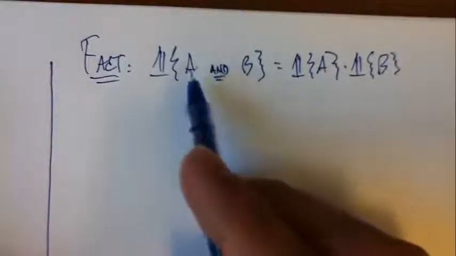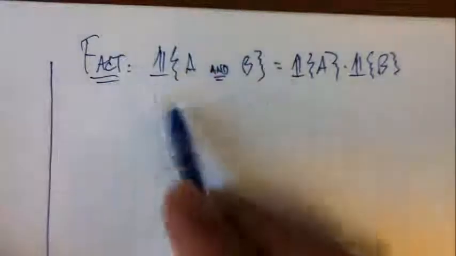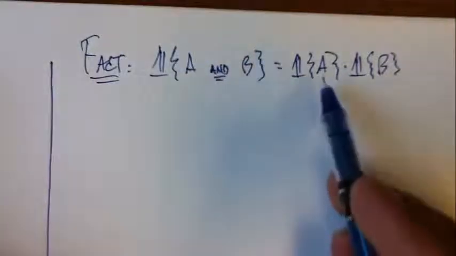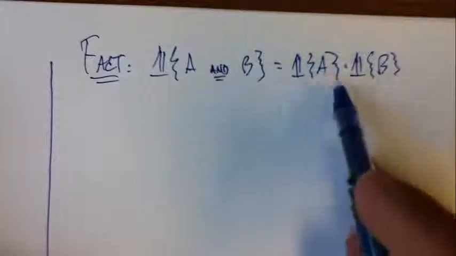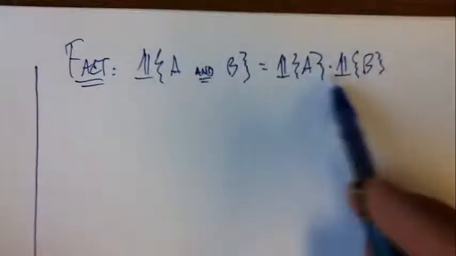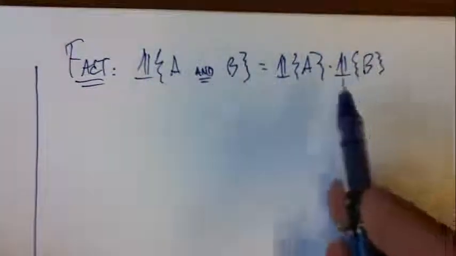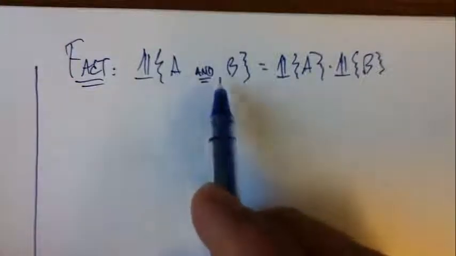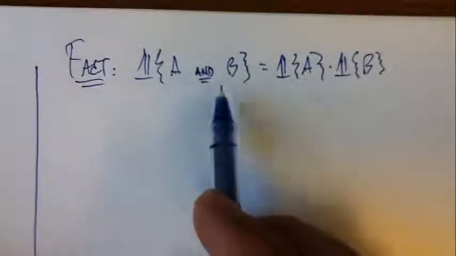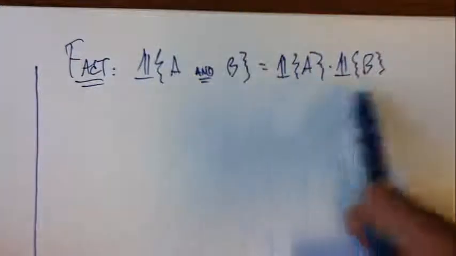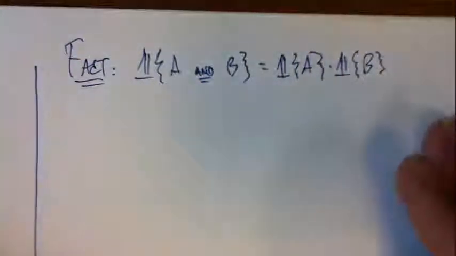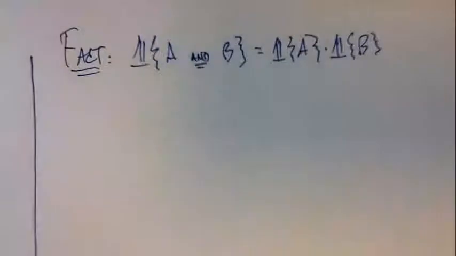So if both A and B are true, this evaluates to 1. If A is true, this is 1. If B is true, this is 1. You get 1 times 1 is 1, and they're equivalent. If either A or B is not true, then this will be 0, and the right-hand side will also be 0.